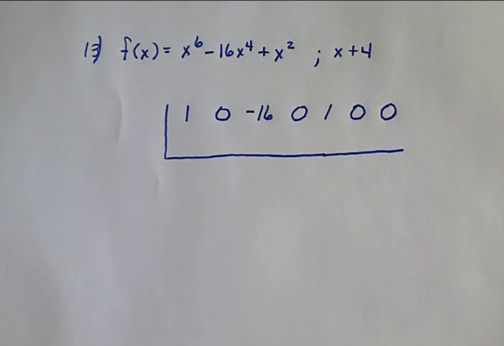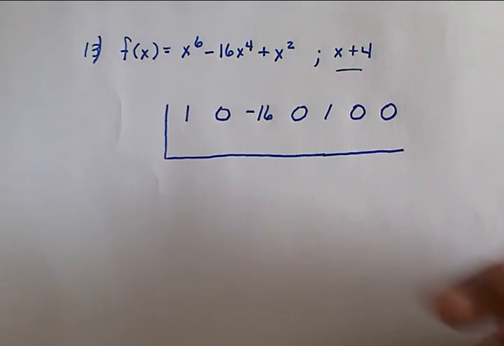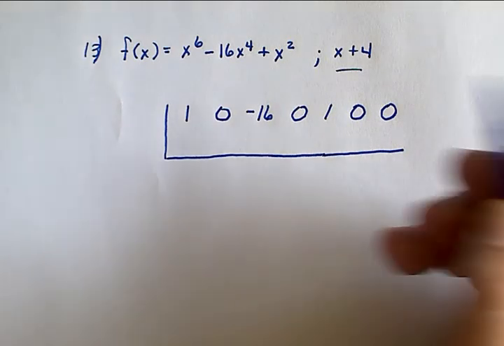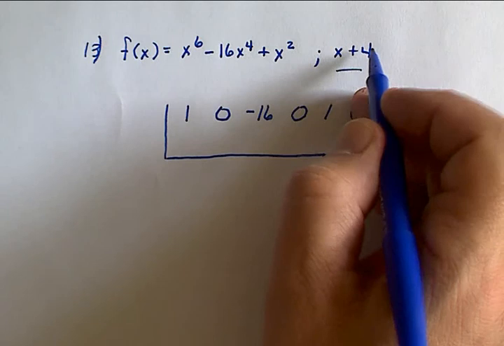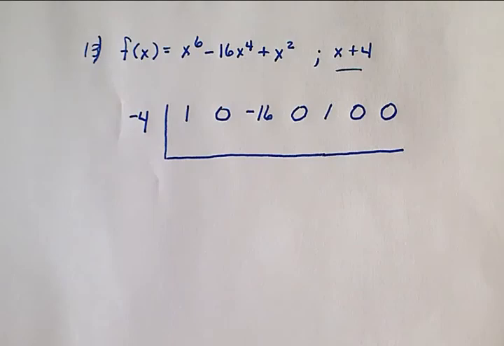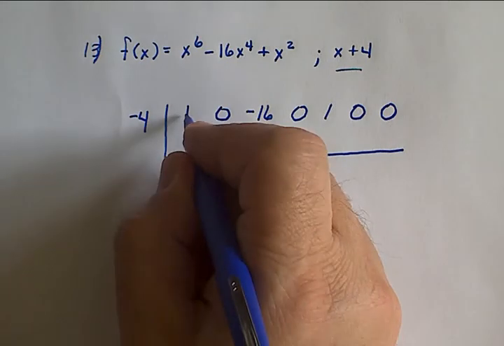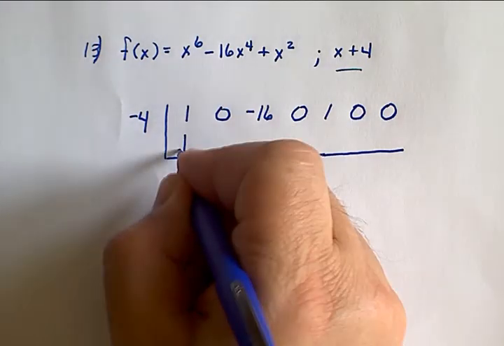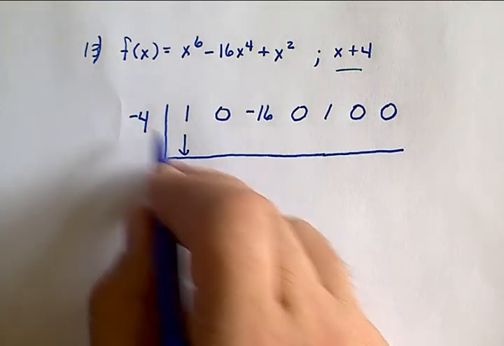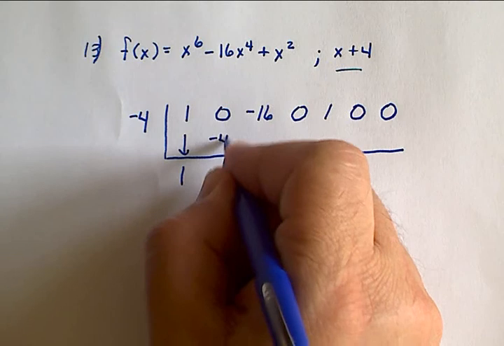Now, the divisor out here, x plus 4, I don't want x plus 4 out there. We said whatever number you see attached, take the opposite of that number, and that's what's going to go out in front. That becomes your divisor. And to complete the synthetic division, remember 2 steps. First, bring the first number down, adding 0 to it, and then we multiply and then add.